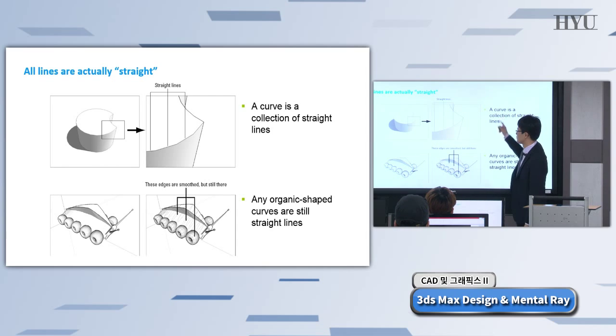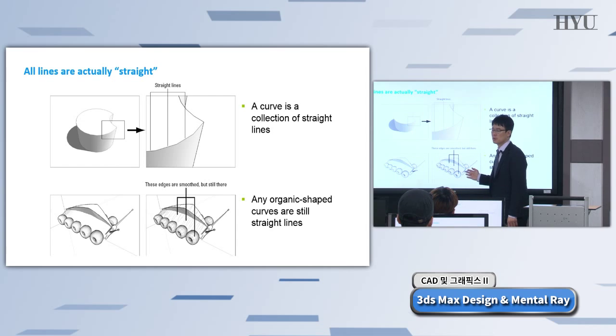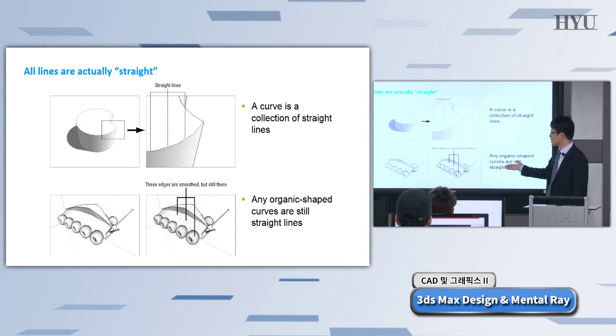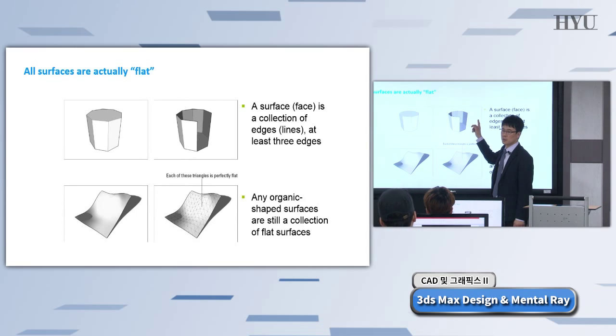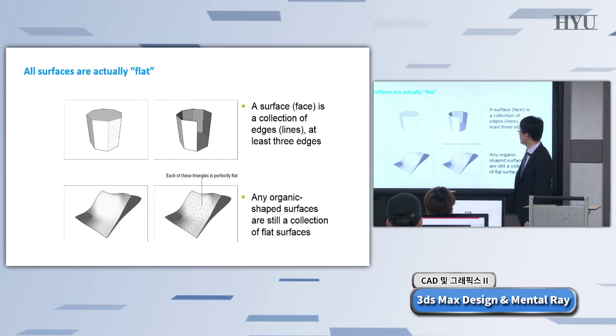It's a curve. How about 3D surface? Take a look. Some triangular or even rectangular shaped object, but they are the sequence, the collection of straight lines and straight defined objects. So if you remove some unnecessary or some intended removal from this object, you can find out hollow inside, just surface definition. But anyway, they are just a collection of straight lines. Take a look, this very curvy 3D surface.